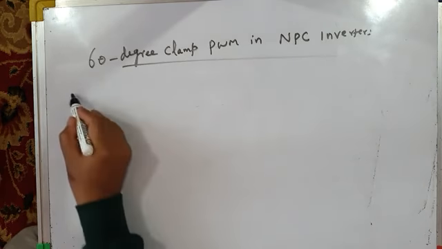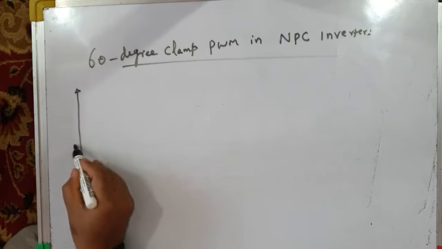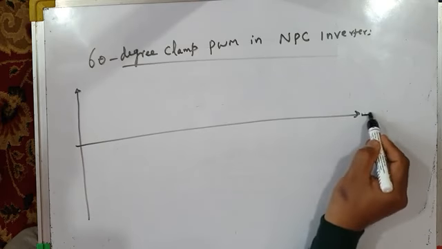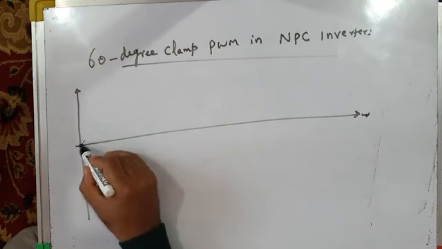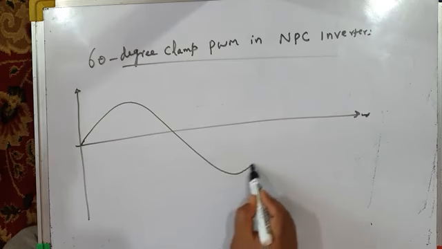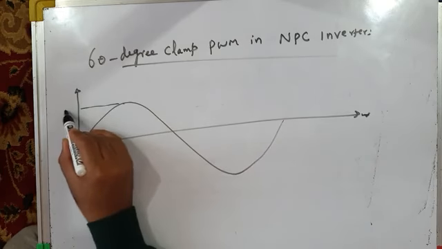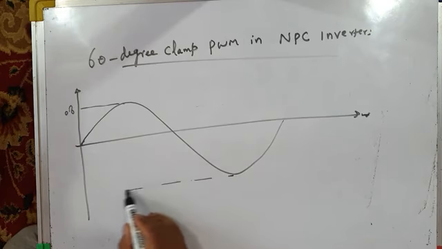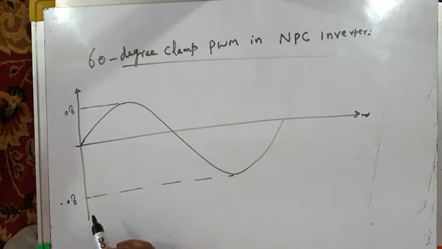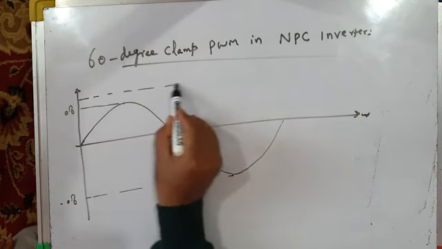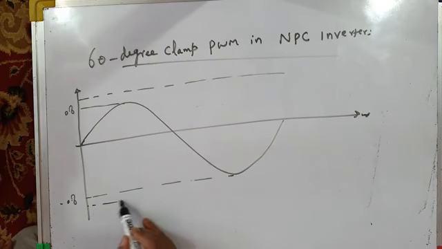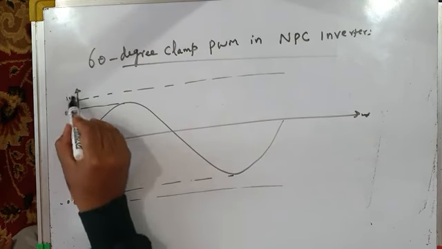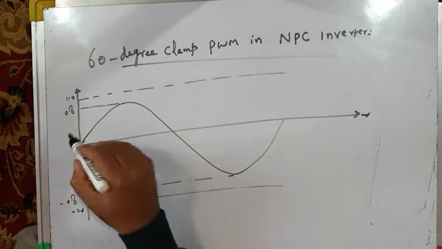Okay, so we'll again draw waveforms. This is 0.8, this is minus 0.8, and for my carrier I will take in-phase carriers. It's 1.0, minus 1.0.